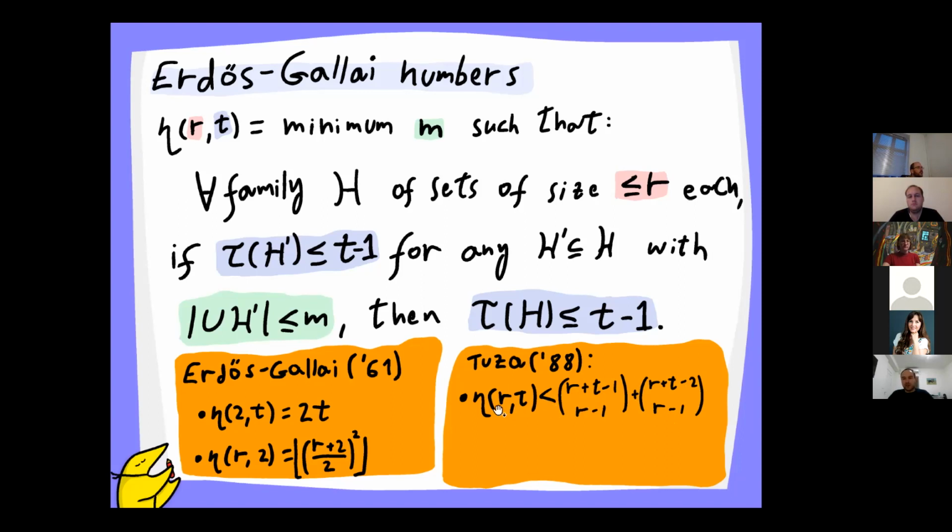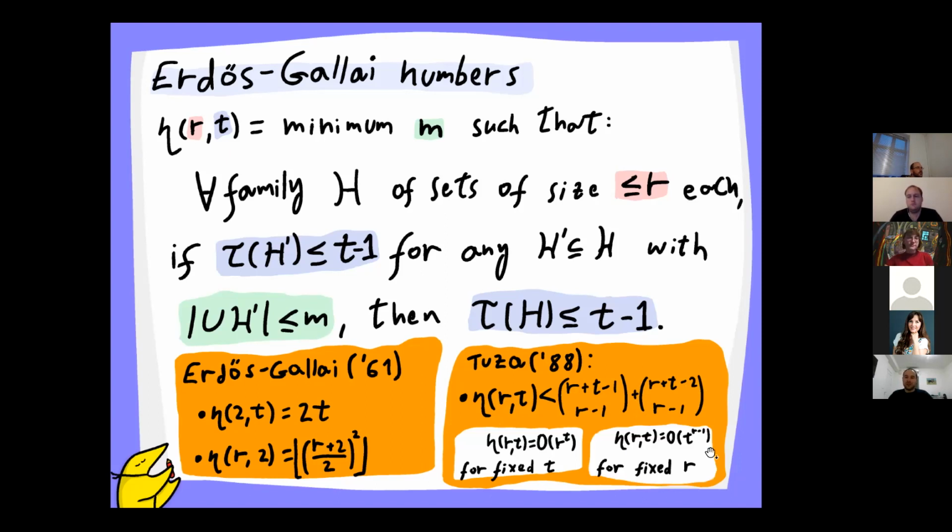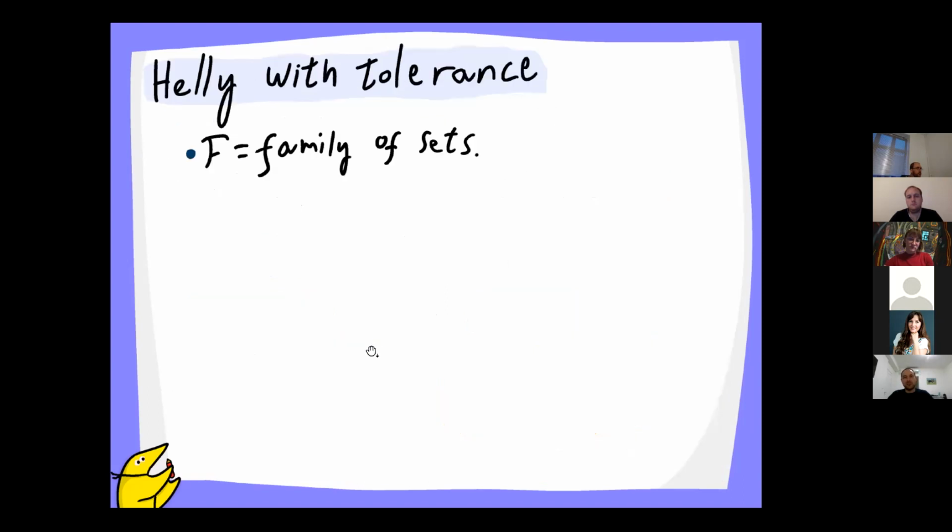So in terms of asymptotics, if you fix t and let r grow, then this number behaves like r to the power of t. And if you fix r and let t grow, then it behaves like t to the power of r minus 1. Okay, so these are the Erdős-Gallai numbers. We will see in a moment how they are related to the tolerant version of Helly's theorem.